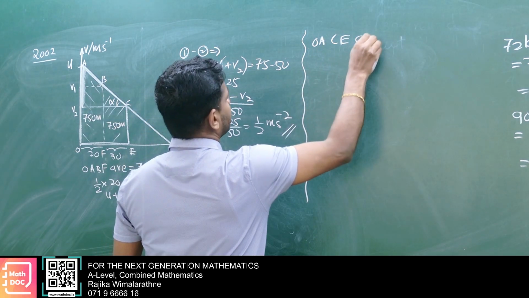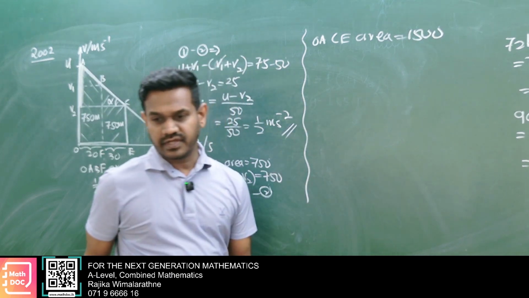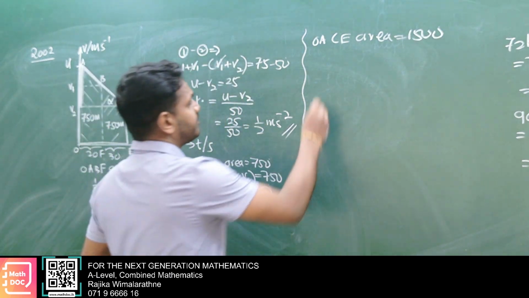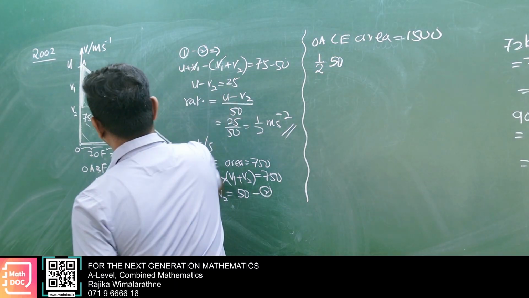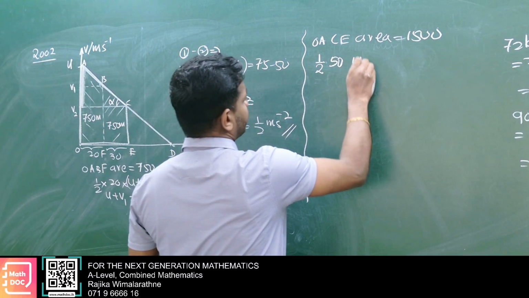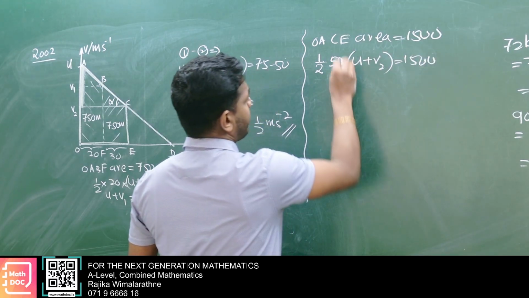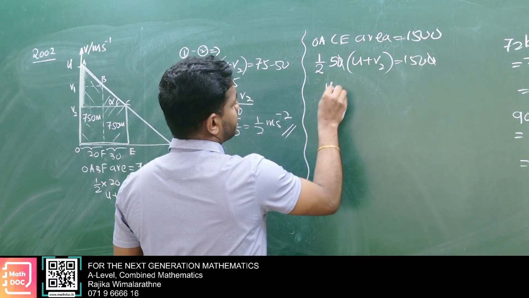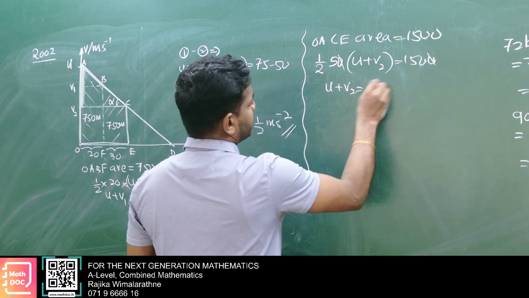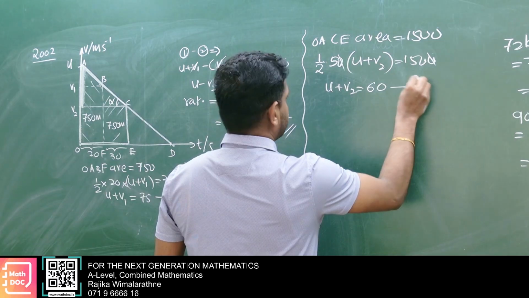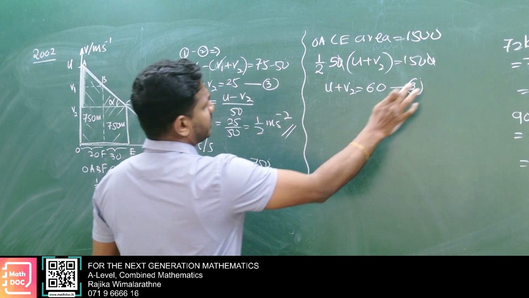The OACE area is 1500, half into 50 into U plus V2 equals 1500. That is the third equation, and here the fourth.